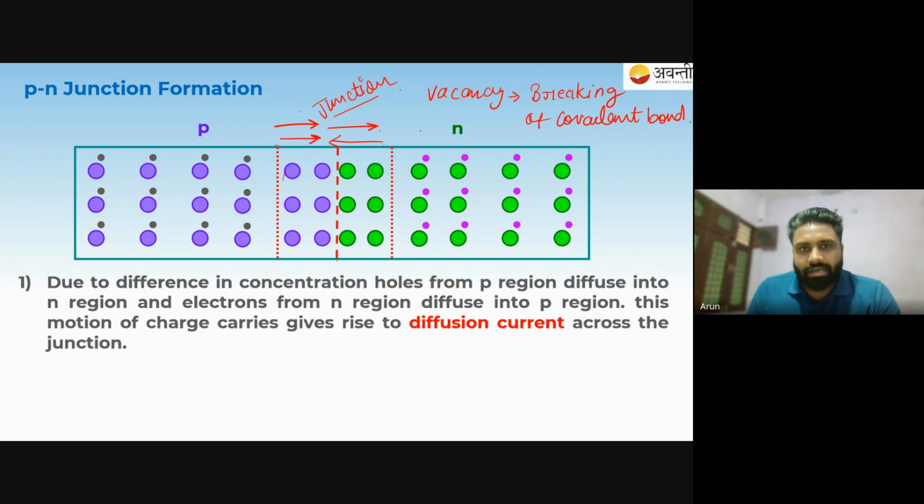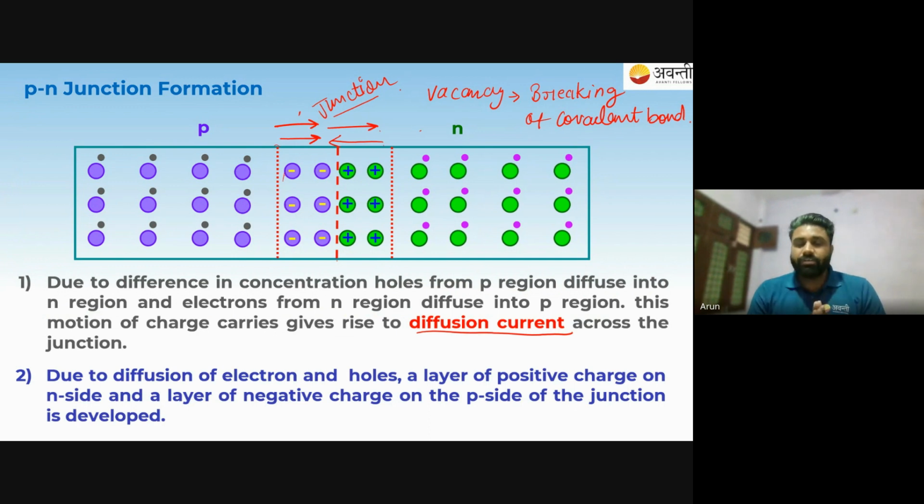So there will be a current formed at the junction, which is called the diffusion current, because it occurs because of the diffusion of electrons into the holes. So that is why this current is termed the diffusion current. Okay, now this is the first point.